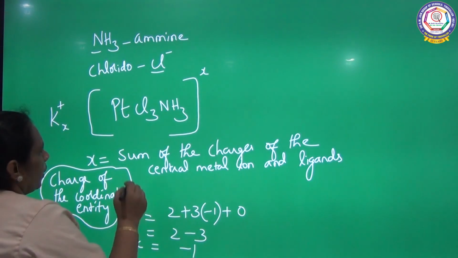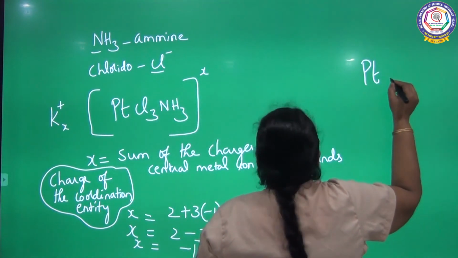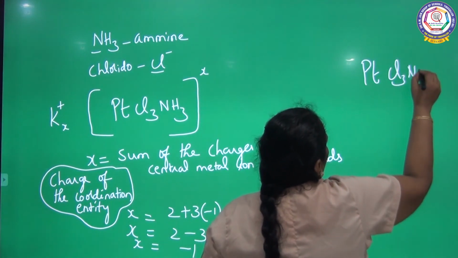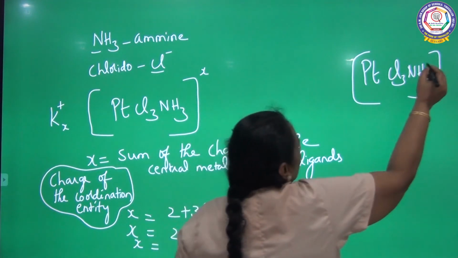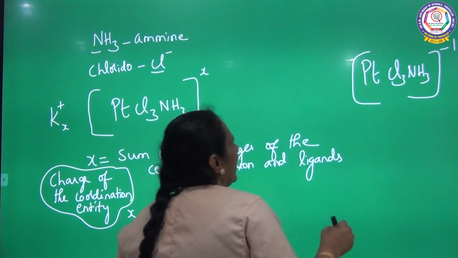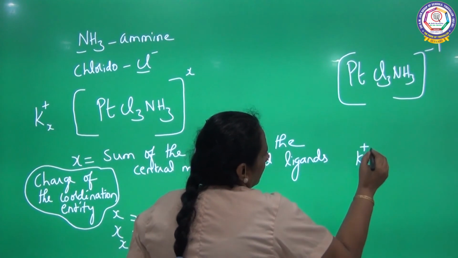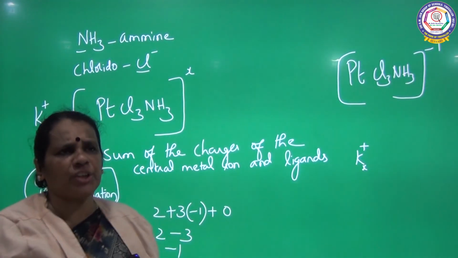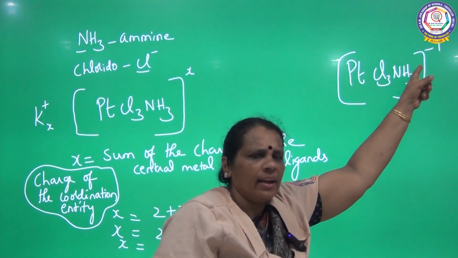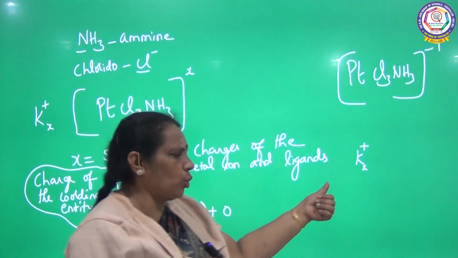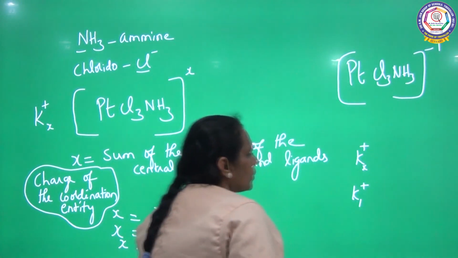Now write the complex: Pt, Cl3, NH3, close the square bracket, and it has a minus 1 charge. Since it is minus 1, and I have taken K plus without knowing how many potassium atoms, a single negative charge requires a single positive charge. So x is 1.